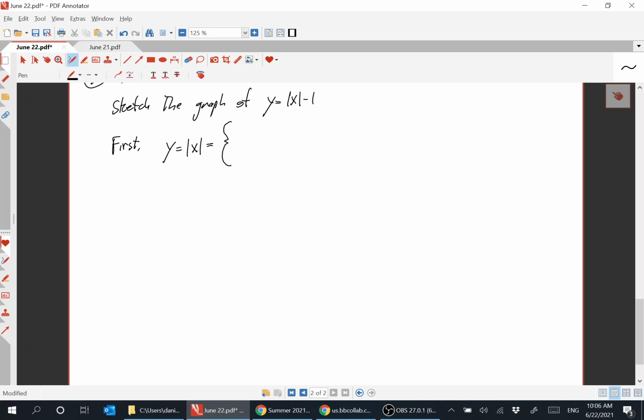I hate to bring it up again, but that piecewise function business that we did in section 2.2, sketching the graph of a function. In 2.2, we talked about sketching the graph of a function, and one of the homework problems was sketching the graph of a piecewise function, where each piece was a line of some sort.